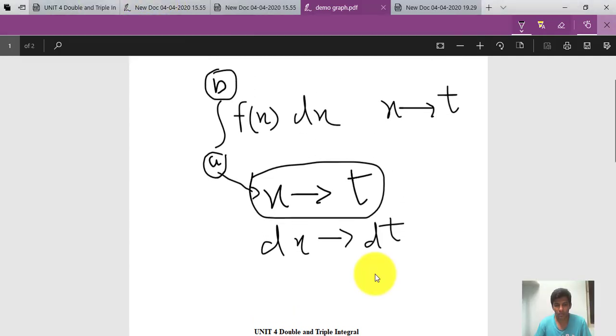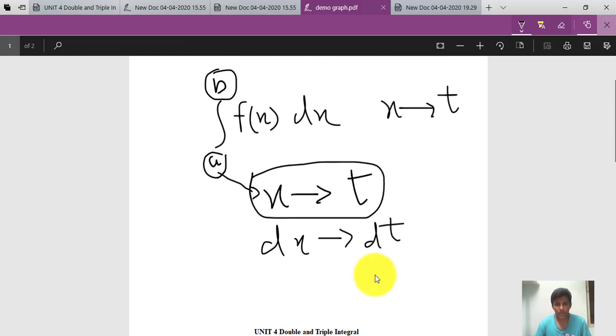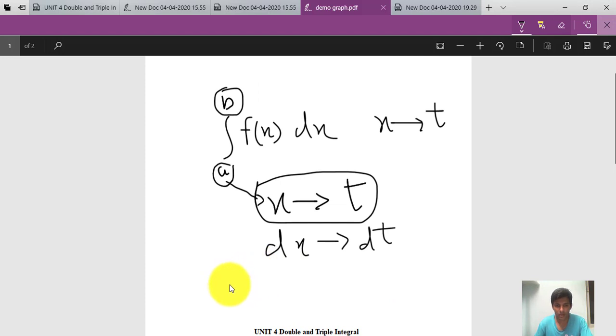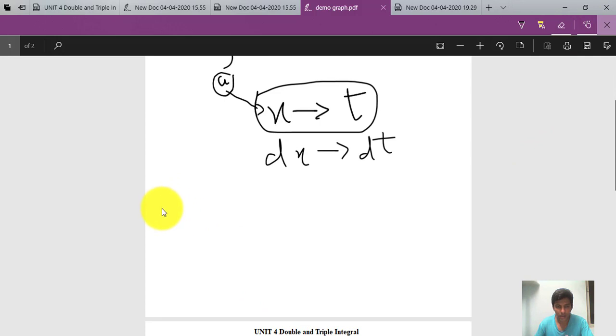Similarly, in the same manner, we take any double integral over the region R of f of x comma y dx dy.